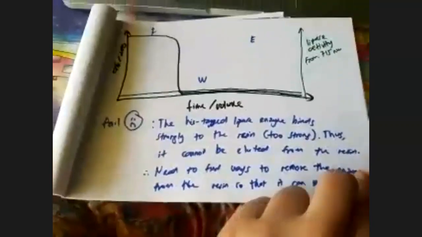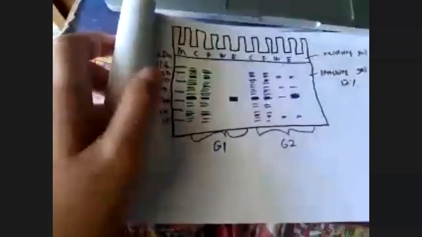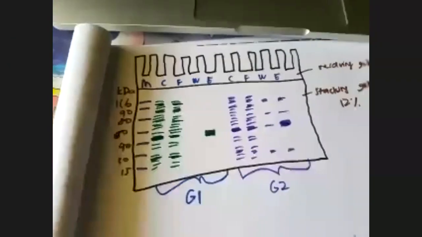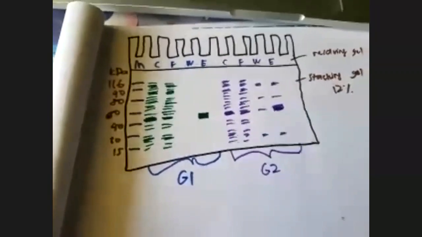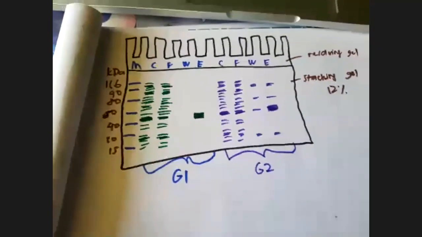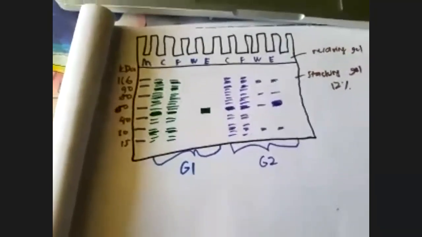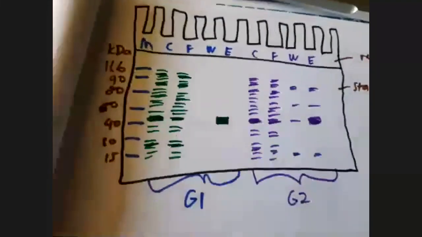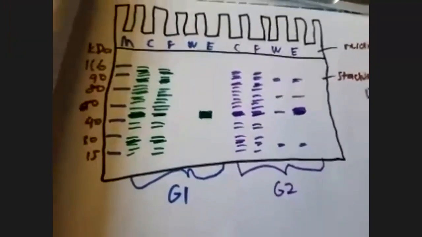Okay, so we move a little bit to the final image. We have the gel. Whatever is coming out from the flow through, washing, and elution, we need to check the purity of it using the gel. We will go to the gel topic theory later.